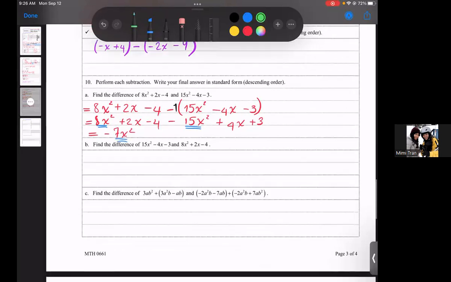I see this one is this one. 2x plus 4x is plus 6x. Last but not least, negative 4 plus 3 is negative 1. And you're done. I don't have space to box it, so I'm going to do it like this.